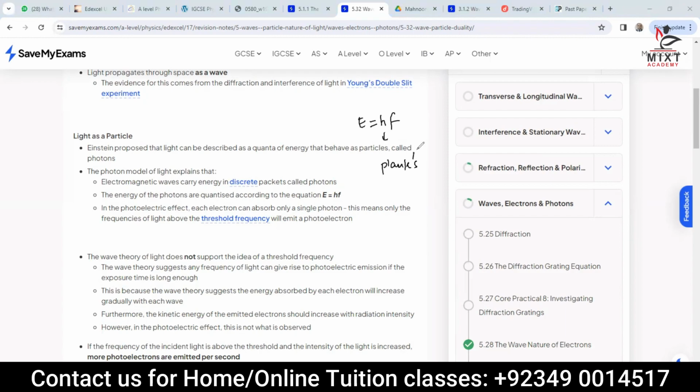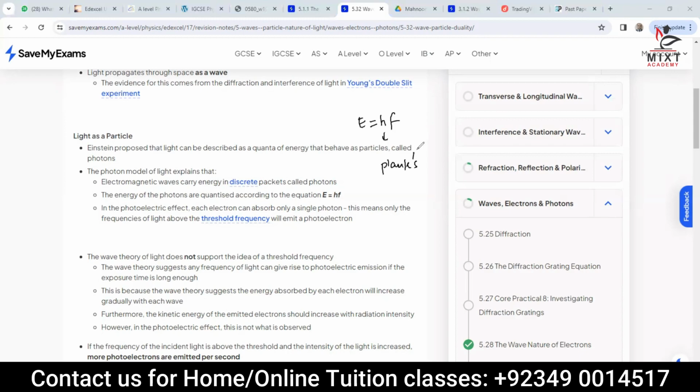So what Einstein is proposing regarding light is that it consists of quanta of energy that behave as particles, and he gives them the name photons. When the word quanta comes to your mind, remember that this is the basis of quantum physics. Quantum physics actually started from here.